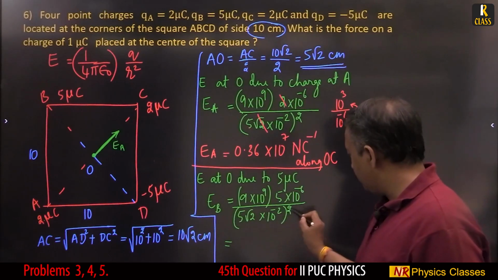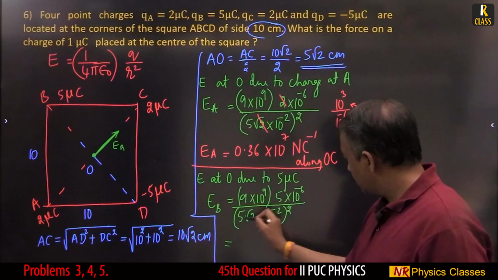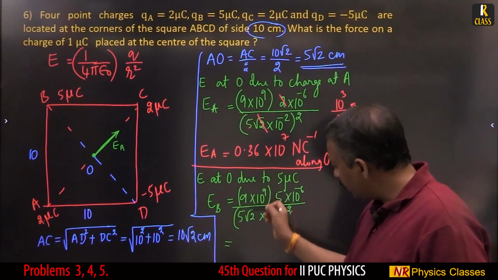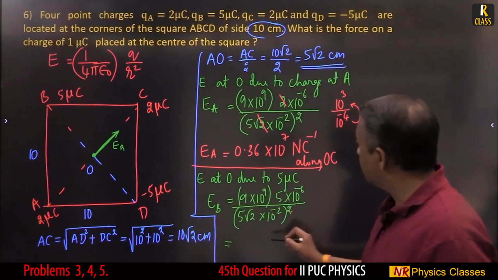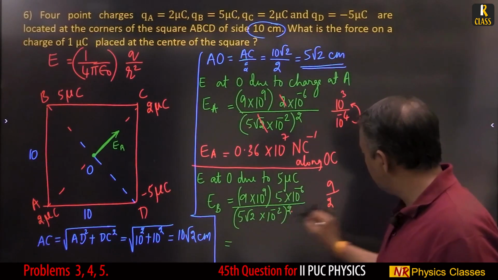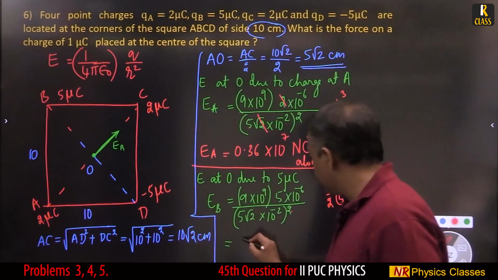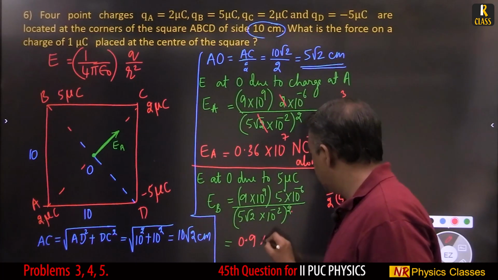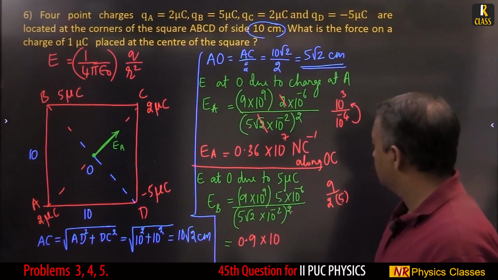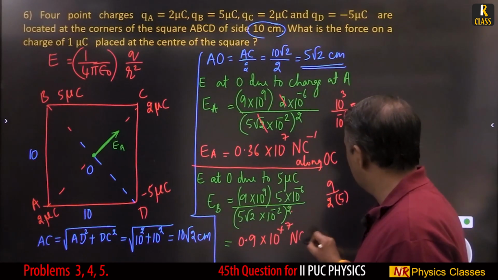Five square is 25, root 2 square is 2, 9 by 5 by 2. So it is 0.9 times 10 to the power of plus 7 newton per coulomb.